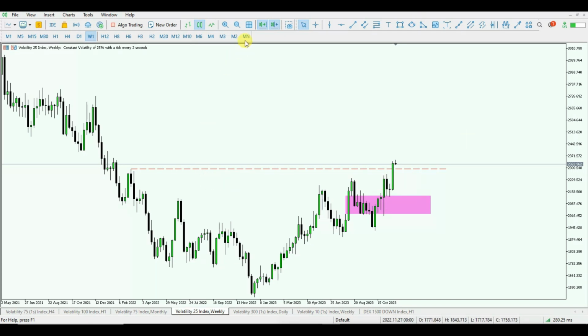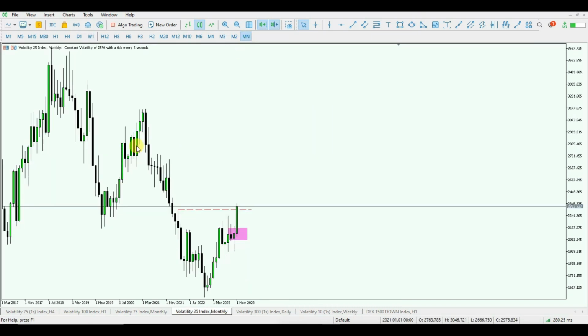Now let's go to our monthly time frame. I would record a video and show you on time frame alignment. I'll mention it briefly here, but I would record an extensive video on time frame alignment for you to get a proper feel of what it really is about.